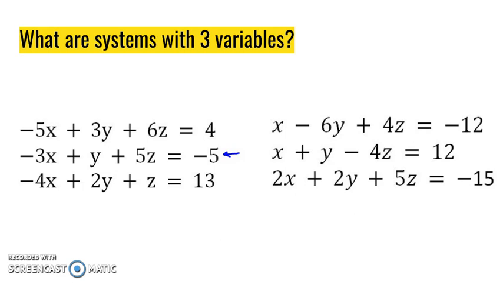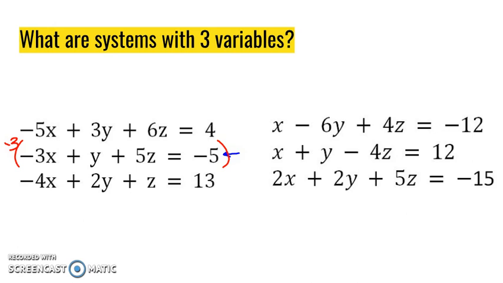So let's say I want to eliminate my y with this one first. Okay? That means that I would have to take this equation here times a negative 3. So that way I'd have a negative 3y, and I could eliminate those when I added those two equations together. Okay? So that would be the first thing that I would do to eliminate my y's.